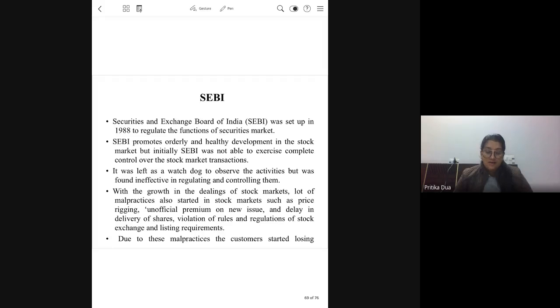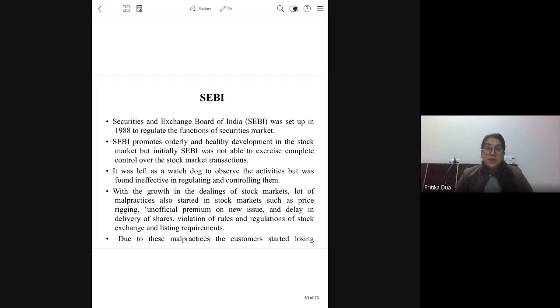All of you are well aware that it was only in 1992, post the Harshad Mehta scam, that SEBI was made a statutory body. Though it was incorporated in 1988, it didn't have the required powers. SEBI became a properly powerful structure post the Harshad Mehta scam, because a void was identified: proper regulation of the financial markets was not happening.